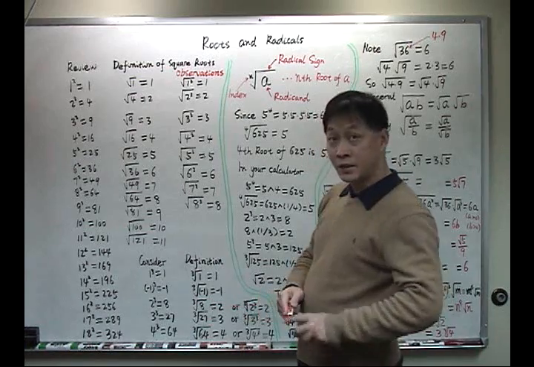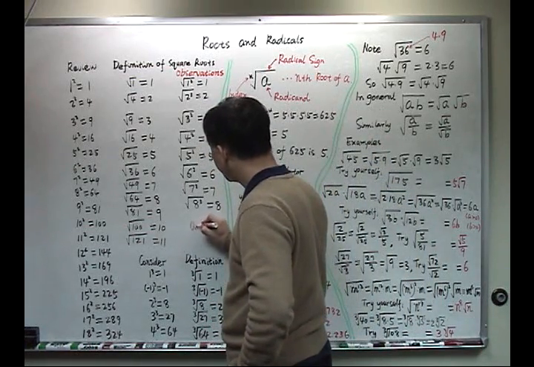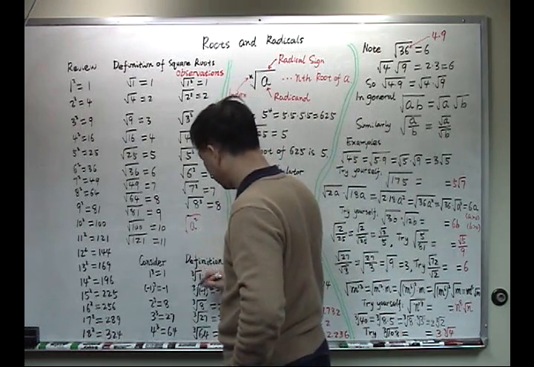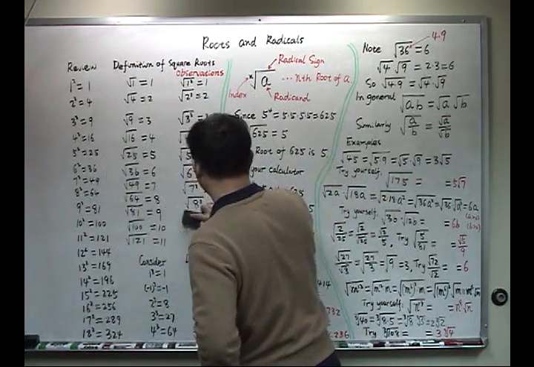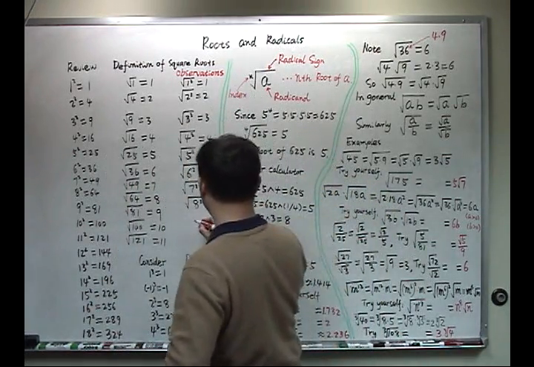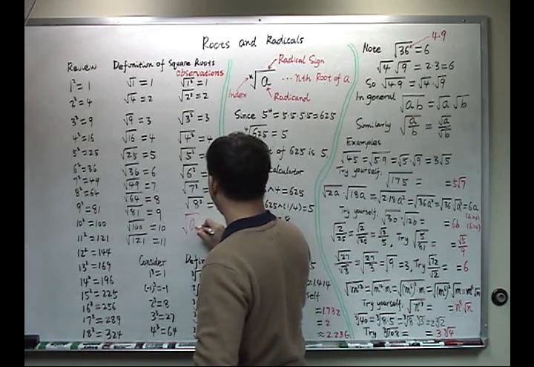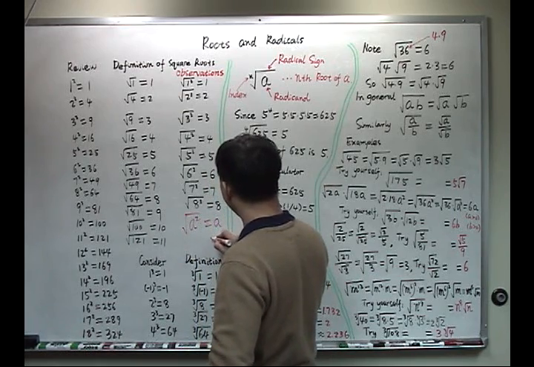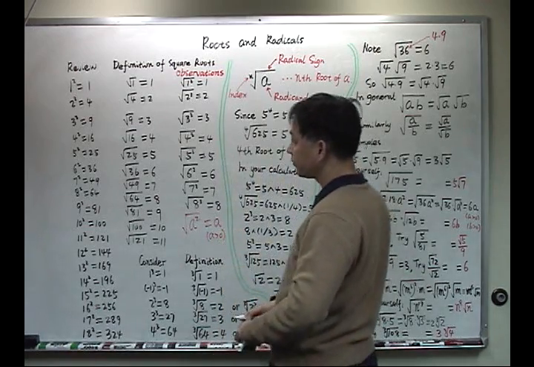This basically says that any number squared, when you take the radical, it goes back. So you will have radical a squared is a, if we assume a is greater than 0.